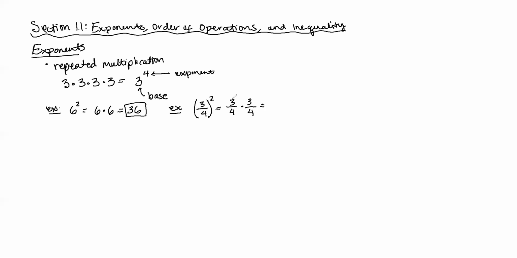And if you notice, we're squaring the 3 and we're squaring the 4. That's an exponent rule we'll see later. But we end up with 3 times 3 is 9 over 4 times 4 is 16. So exponents, not too bad to evaluate, but we need them for order of operations, which is our next topic here.